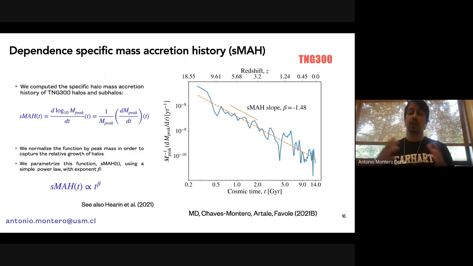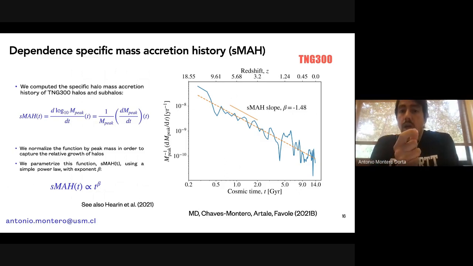the shape of the mass accretion history, not so much this single parameter. Actually, we used a single parameter as well, but it better reflects the shape of the specific mass accretion history in particular.